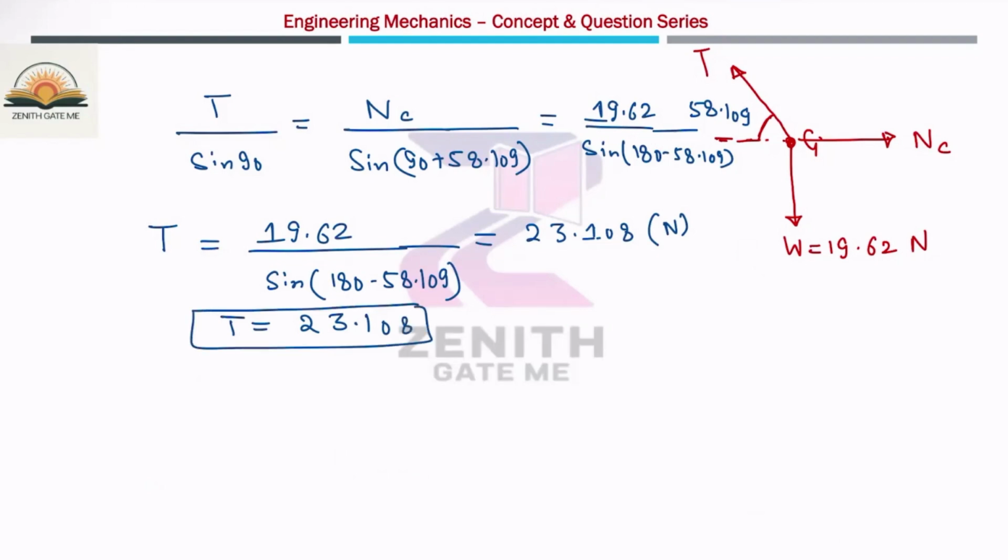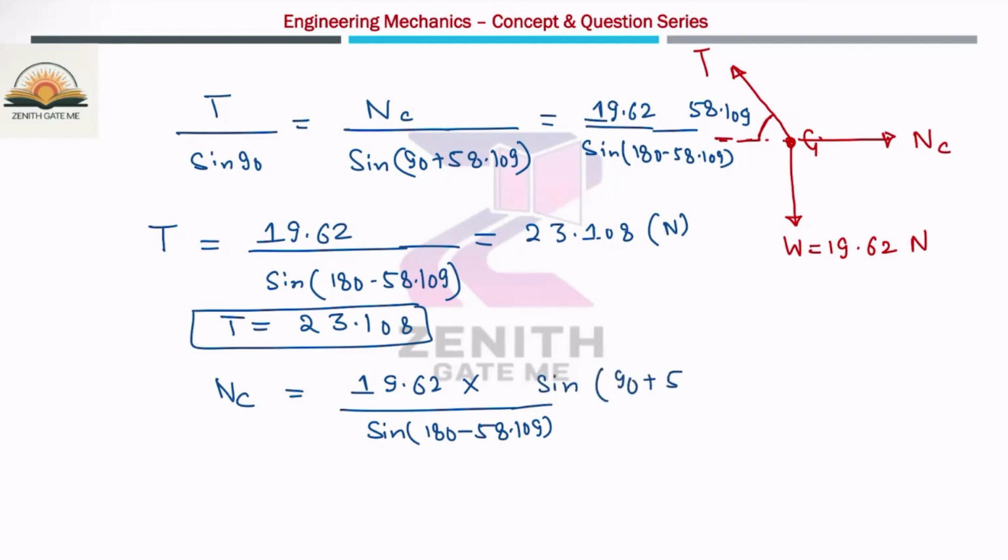So the tension value you have calculated is 23.108 Newton. Similarly, the NC value is 19.62 divided by sine of 180 minus 58.109, into sine of 90 plus 58.109. Let me calculate this value.